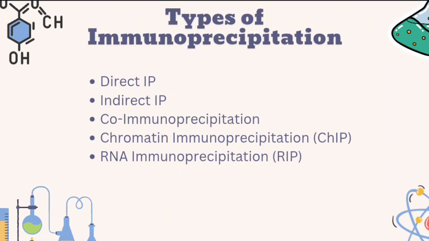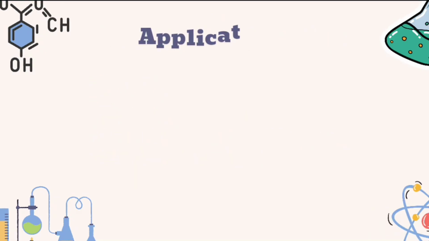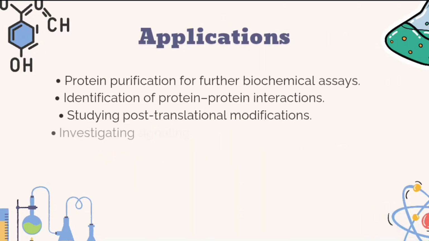Co-immunoprecipitation is used to study protein-protein interaction by precipitating a protein along with its binding partners. Chromatin immunoprecipitation is used to study protein-DNA interactions, and RNA immunoprecipitation is used to study protein-RNA interactions. There are so many applications of this technique.